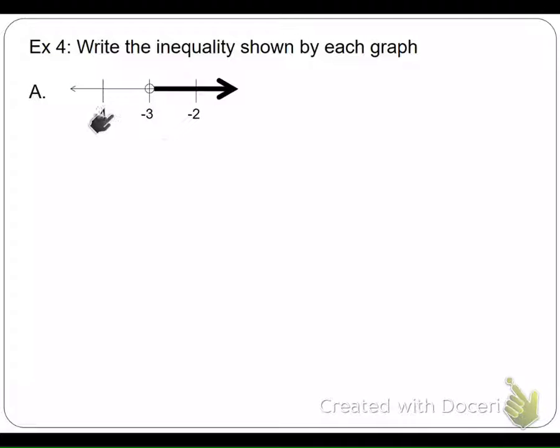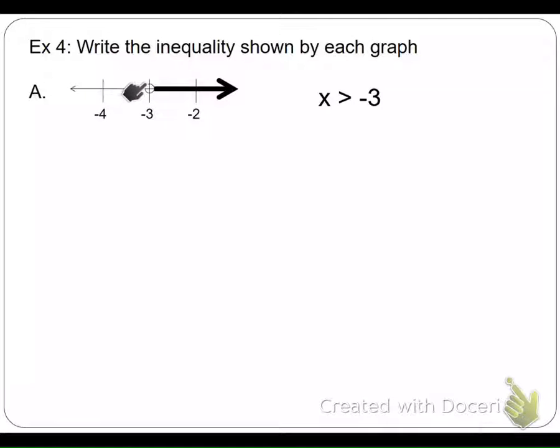Start with your x. Okay, x is greater than -3. Very good. Remember, the part that you're writing about is the shaded part. That's our variable. If you wanted to use W, P, Q, whatever, you could.